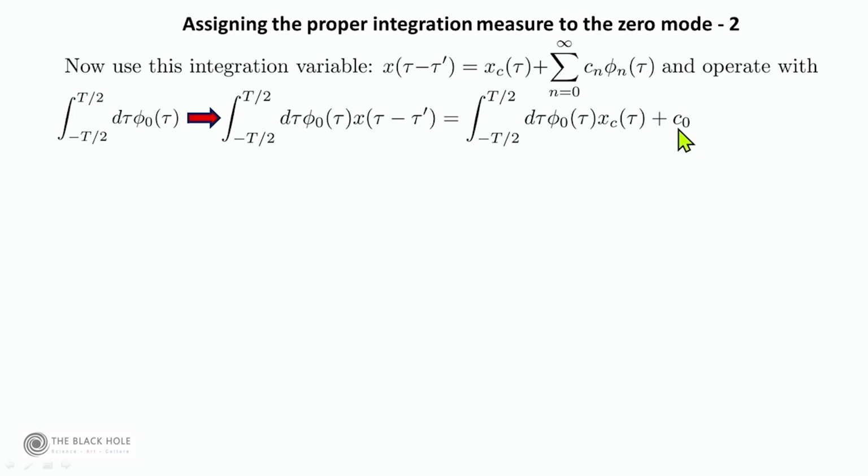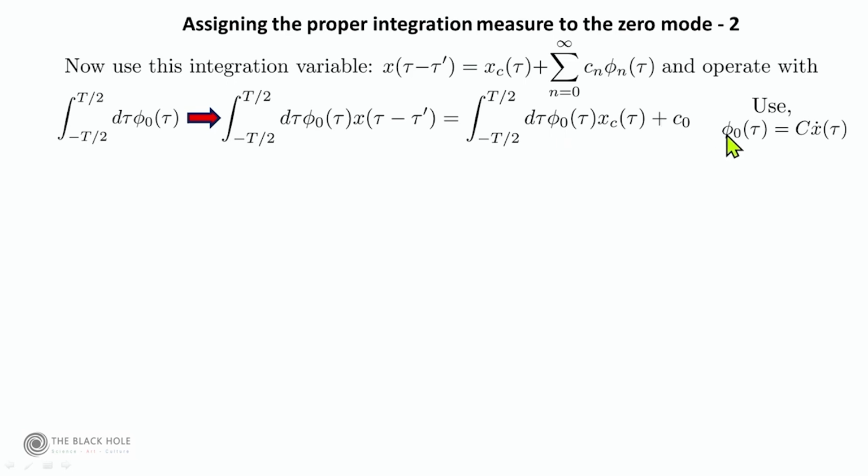So that fixes one thing. Then I have, of course, the second term, which is phi 0, the thing I'm multiplying with, xc of tau. And remember that phi 0 is xc dot. We saw that that is the zero mode.